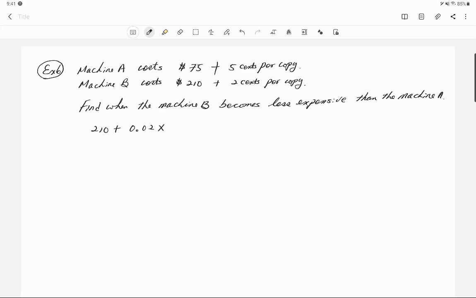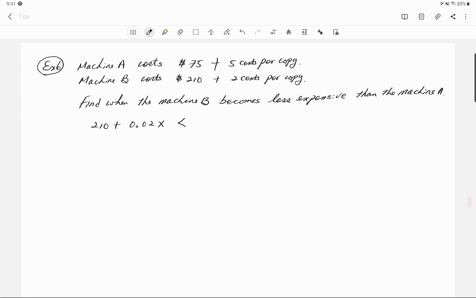This is the total amount for machine B. So machine B will be less than what? The total cost of using machine A, which is 75 plus 5 cents per copy, so 0.05 times X copies, right? So this is the inequality.